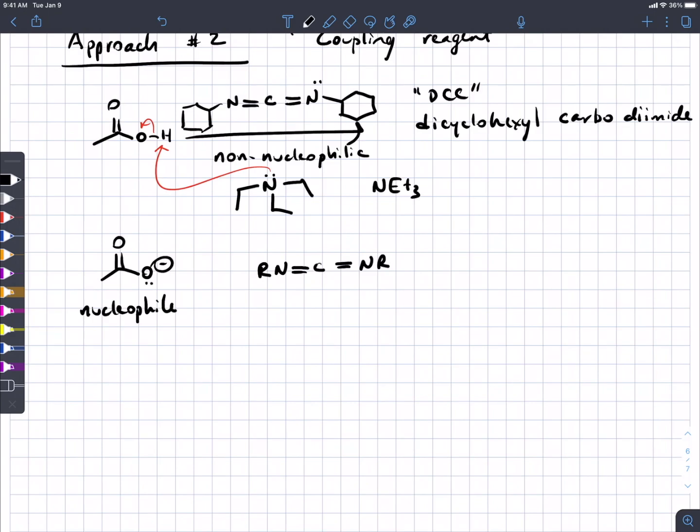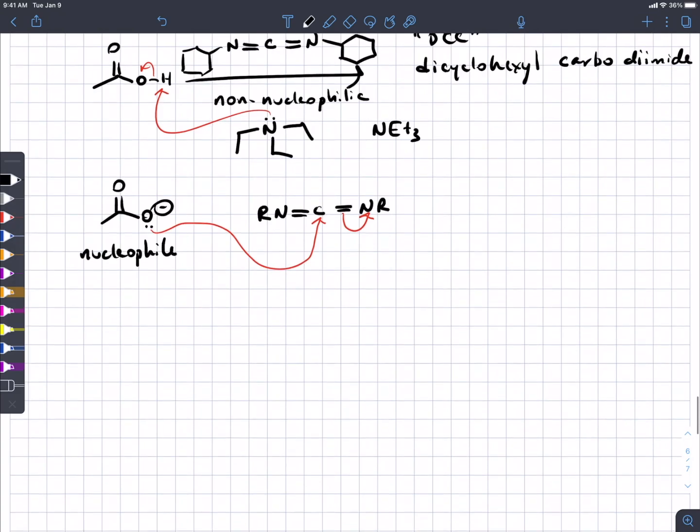The LUMO of this molecule is probably two equal in energy low-lying orbitals, which are the carbon-nitrogen pi stars. We can attack either one of them, not both, but we attack the carbon-nitrogen pi star. That breaks the carbon-nitrogen pi bond. And then that generates an intermediate that looks like this.